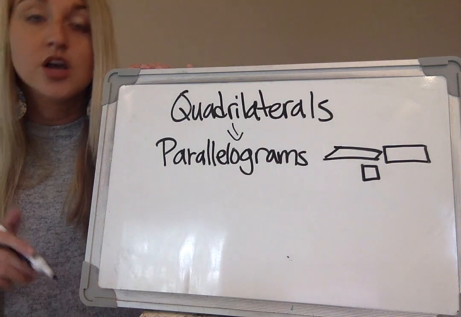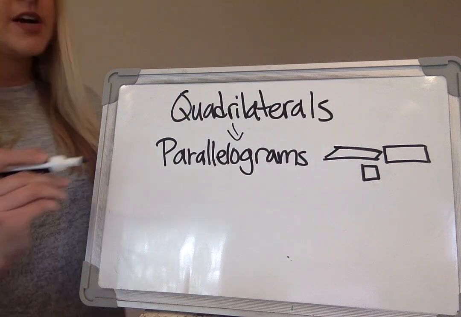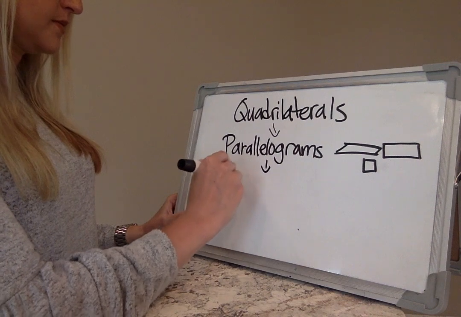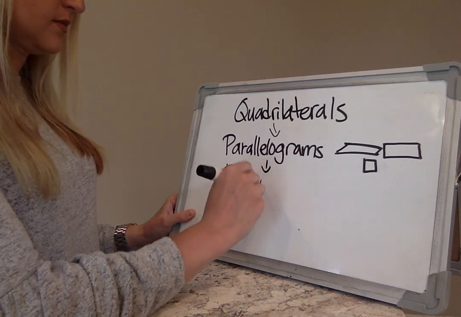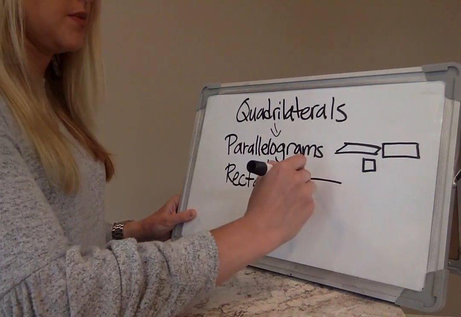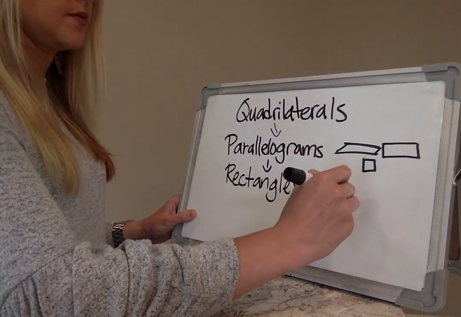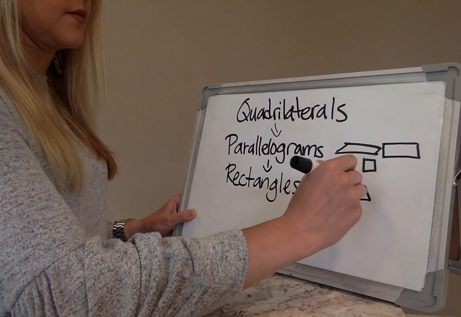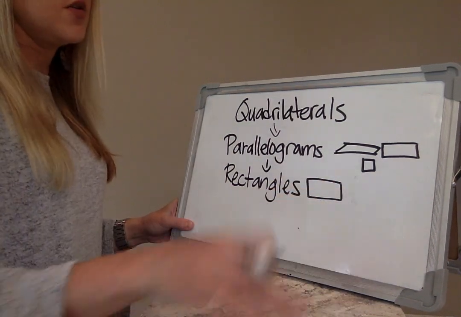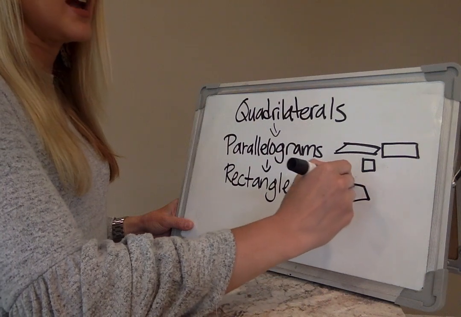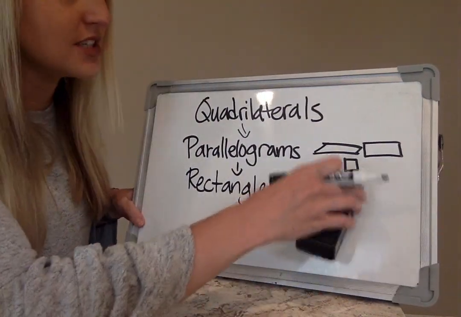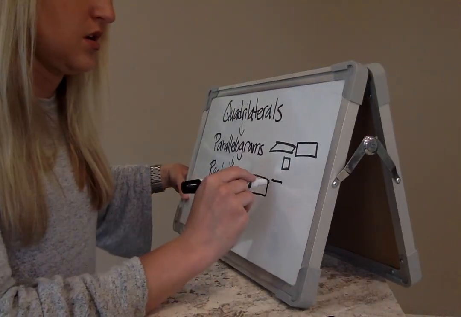So another subcategory that I can add here, rectangles. Let me just draw a couple. And remember, with a rectangle, what is that certain attribute that we added here? Goodness, I'm sorry, y'all. This is terrible.